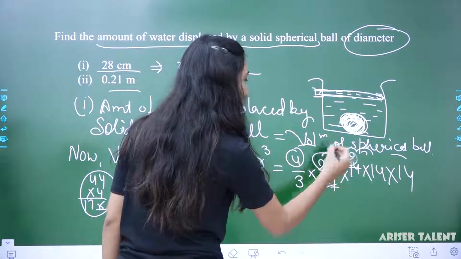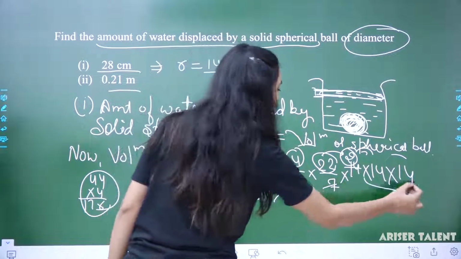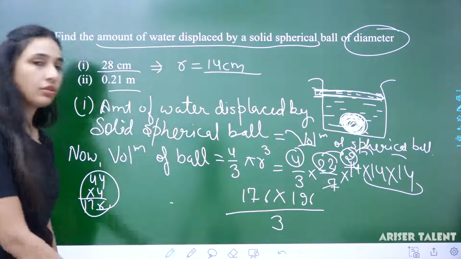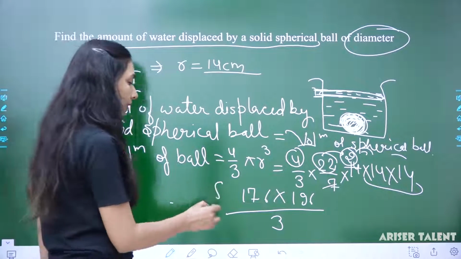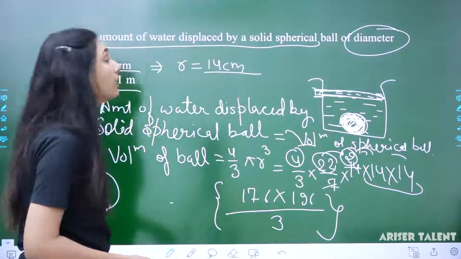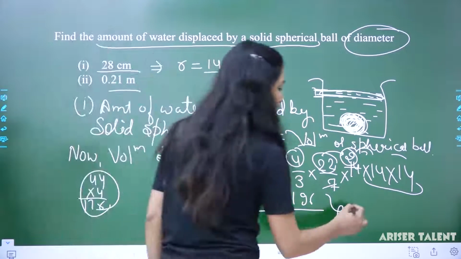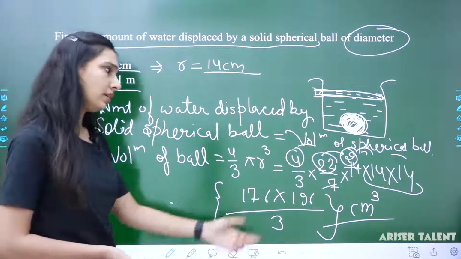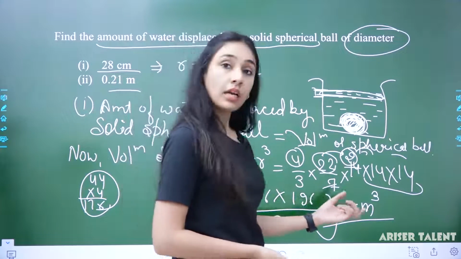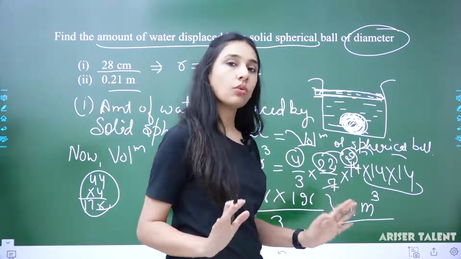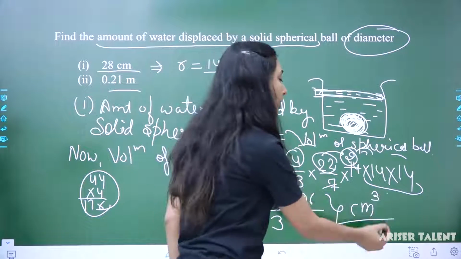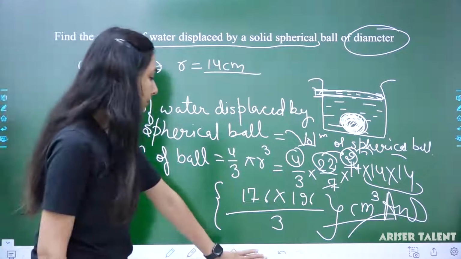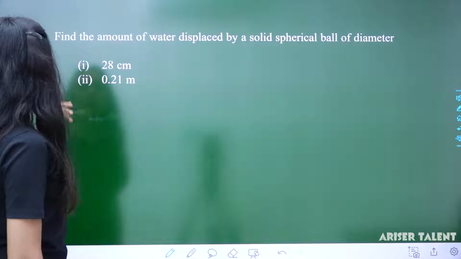Now multiply by 196 divided by this 3. So you are going to have some value in decimal in the unit centimeter cube. You can simply convert it into liters too, but if you do not convert it into liters, it's okay. So that will be your answer. Understood?